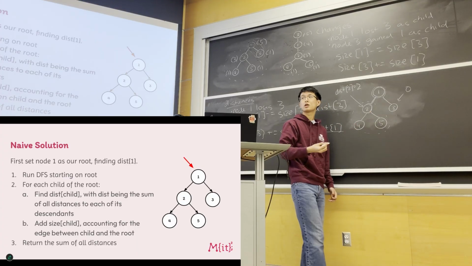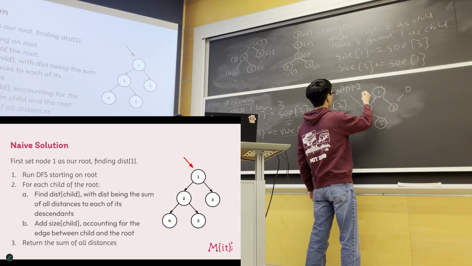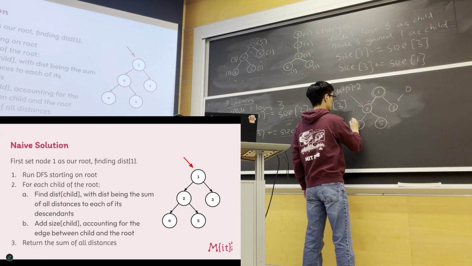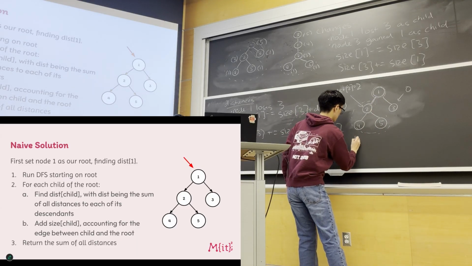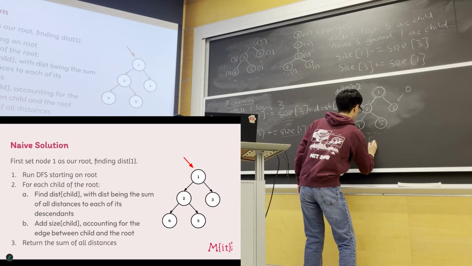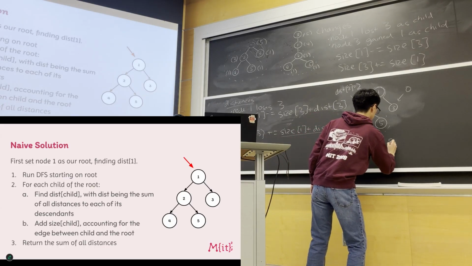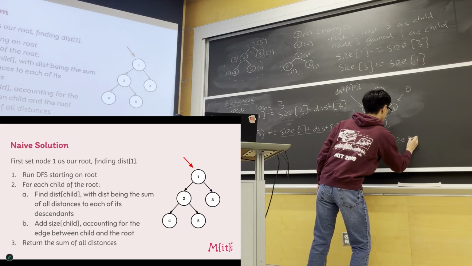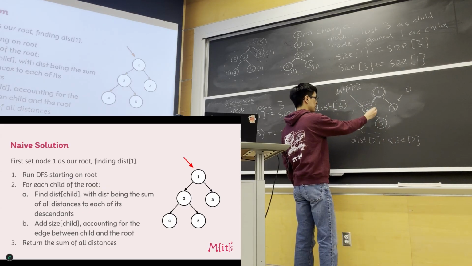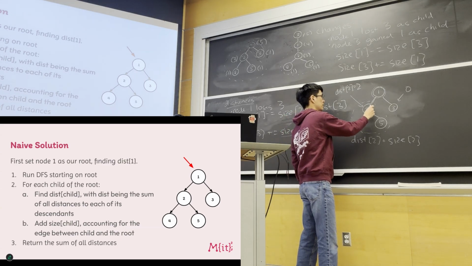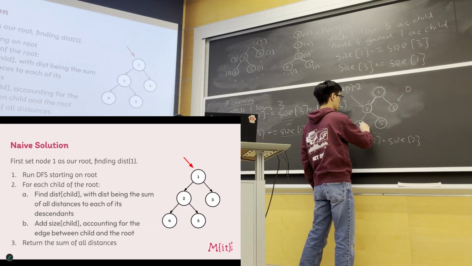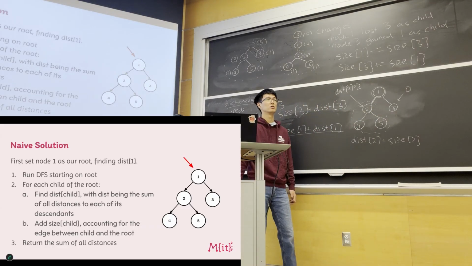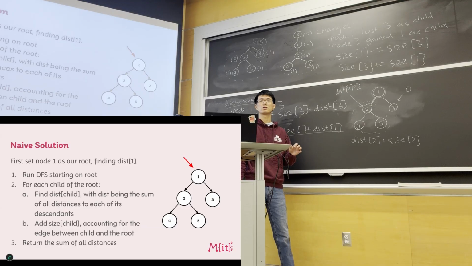So we can calculate the contribution of this subtree to the sum of distances to node 1 as just distance of 2 plus the size of 2. Since this distance is just all the distances relative to this node, and the size adds this edge for every single node in that side of the subtree. Does that make a little bit of sense?